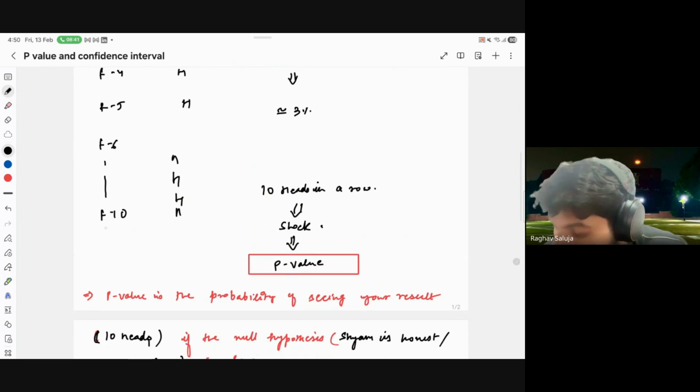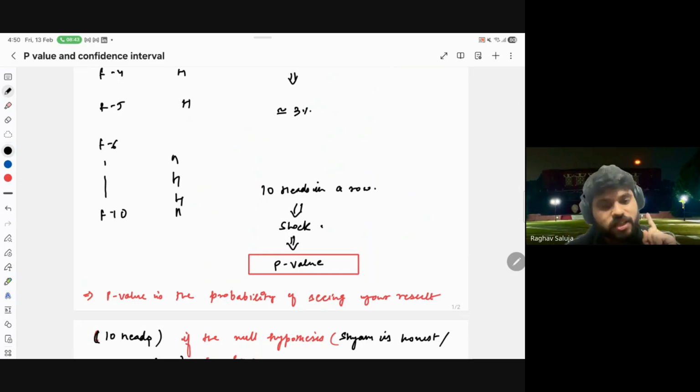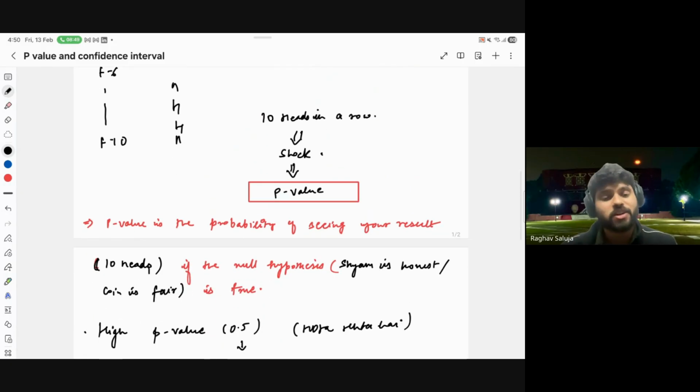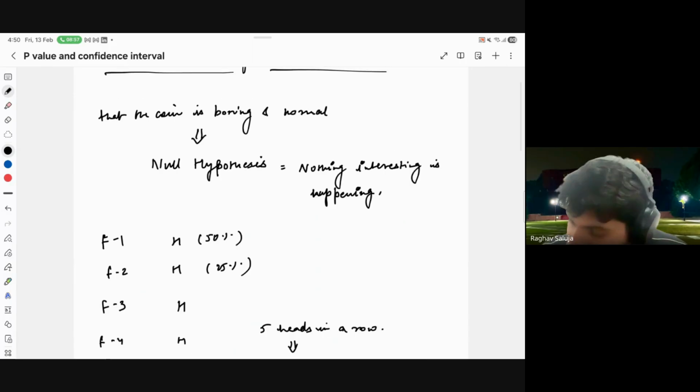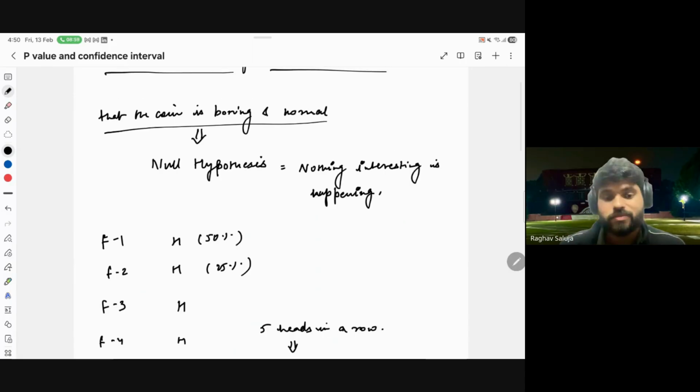Recall, when you got 10 heads in a row, you were like, there is something suspicious. Shyam is lying. The coin isn't fair, right? So what were you doing when you got 10 heads in a row? You were rejecting the null hypothesis, which was that the coin is normal or Shyam isn't lying, right?